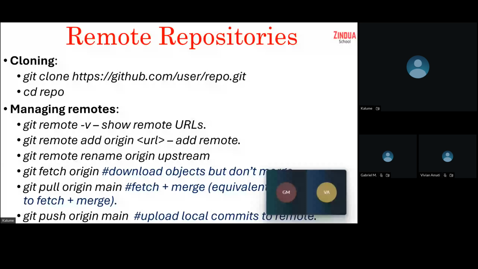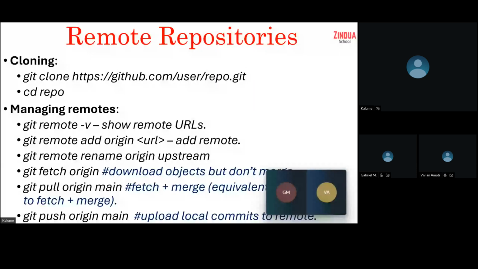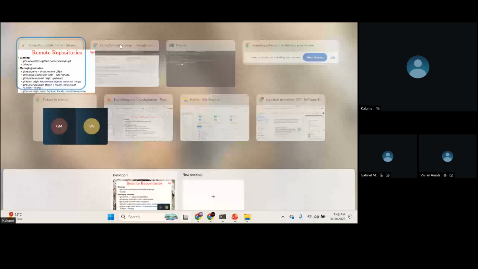So now you'll be uploading your commits to the remote repository. So maybe you can add this and try to push our code from yesterday using the managing of the remote. So we'll switch back to our terminal.